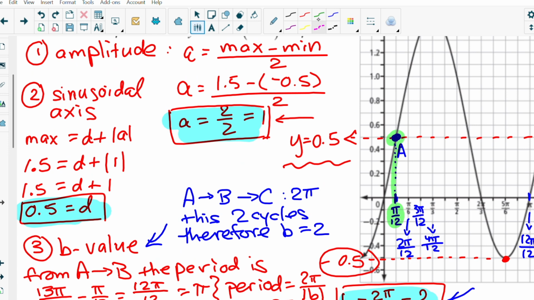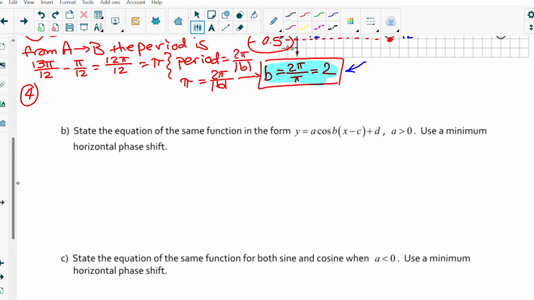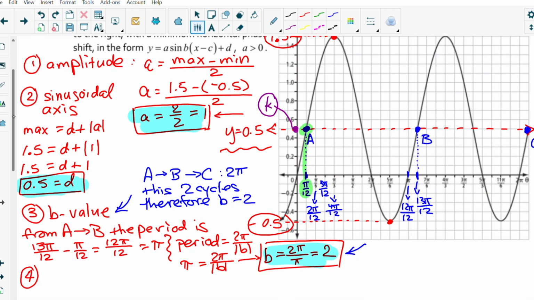Let me choose purple. So I'm going to label this point right here, and I'm going to call it point K. Okay, so let me zoom back out.